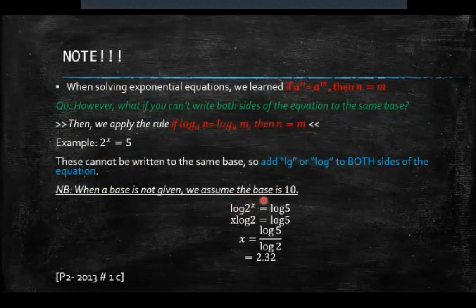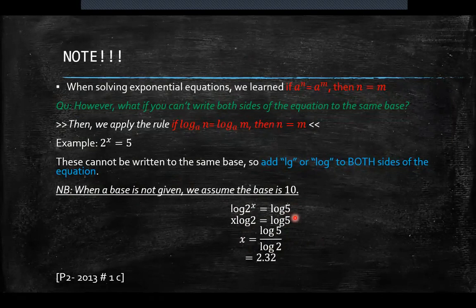So log of 2 to the power of x becomes x log of 2 is equal to log of 5. Then I can say x is log of 5 divided by log of 2. Remember, for this exam, whenever you see log without a base, you assume that the base is base 10.